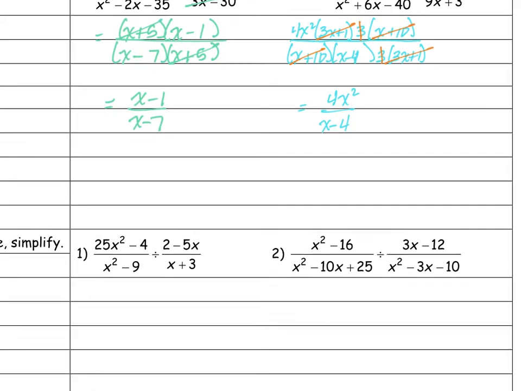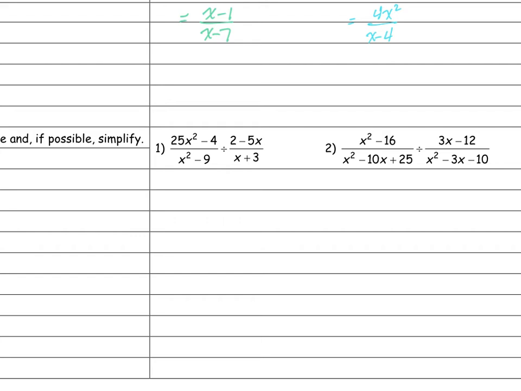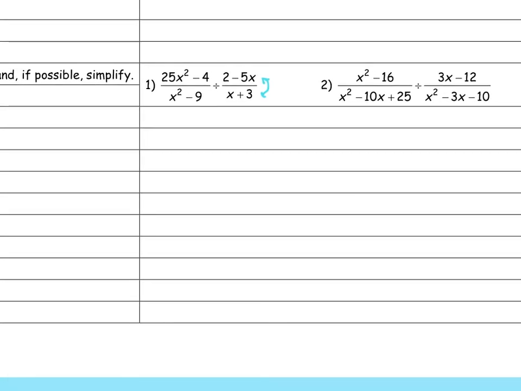So now we're going to go to divide. And there's one other step that we have to do, and that's switch this. So the first thing I'm going to do is switch that fraction.